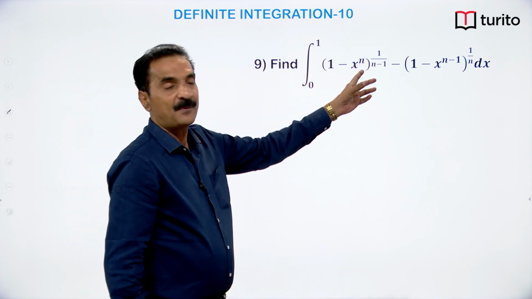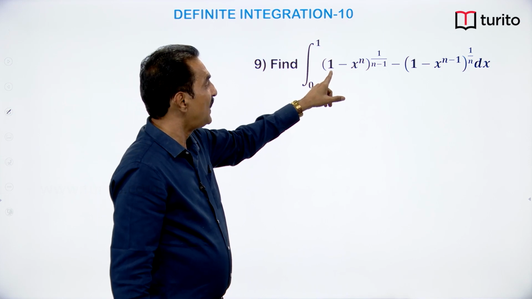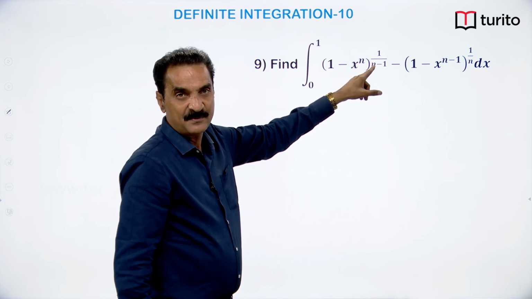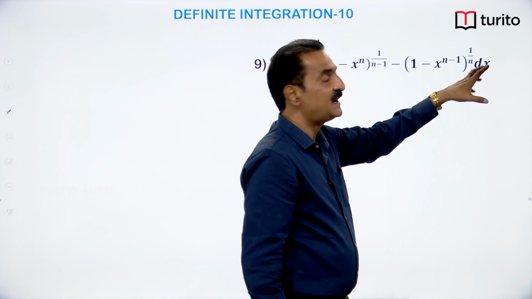Here take n as a positive integer. Integral 0 to 1, 1 minus x power n, power 1 by n, minus 1 minus 1 minus x power n minus 1, power 1 by n dx.